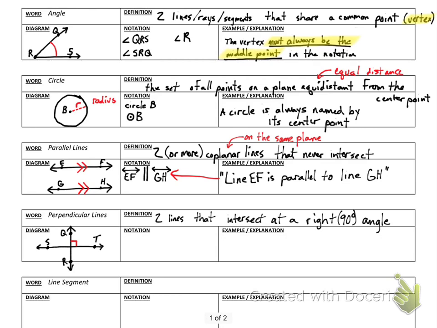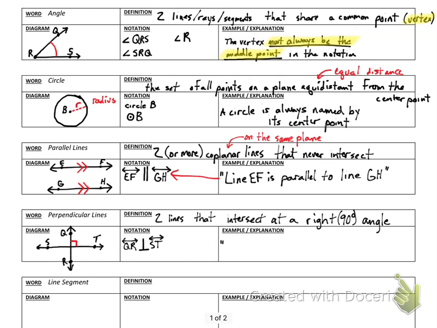Okay, so the notation we're using here is going to look a lot like our parallel lines. I'll go ahead and write line QR and line ST. And the symbol we put in the middle is an upside down T, so it's showing perpendicular lines.